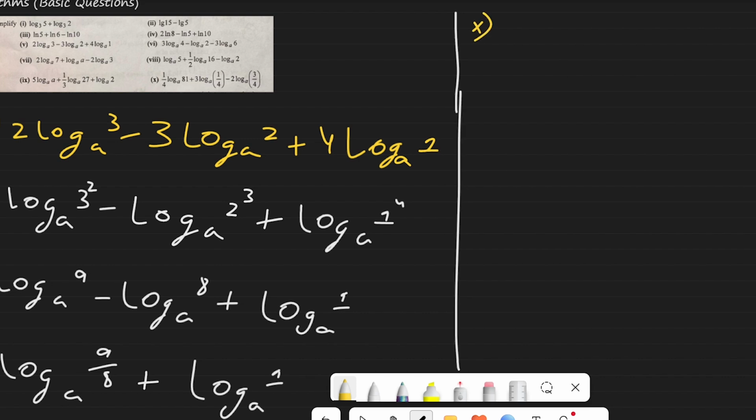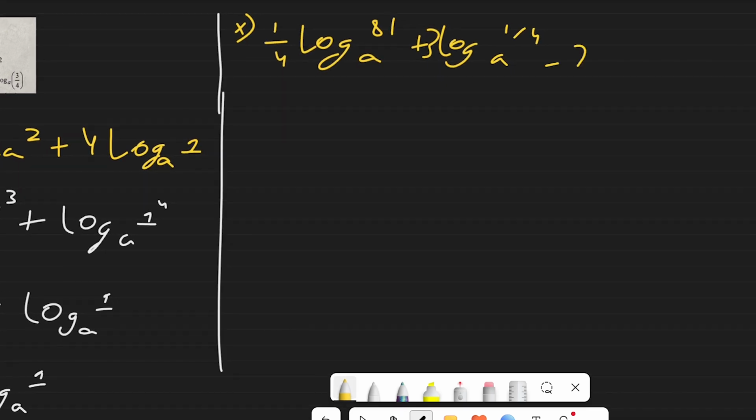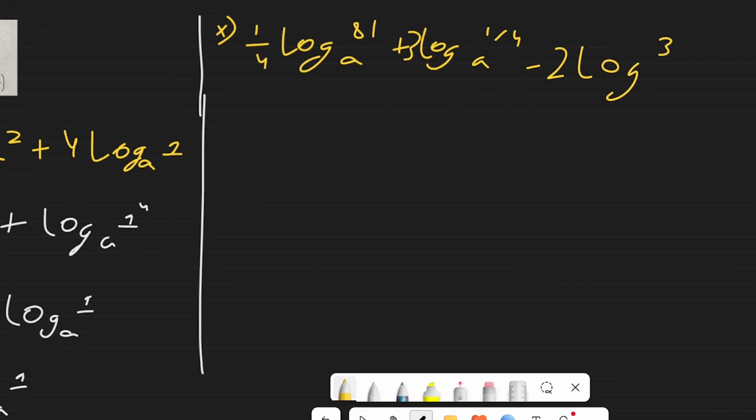So it is 1 over 4 log of 81 to the base a plus log of 1 over 4 to the base a minus 2 log of 3 over 4 to the base a. How we will solve it is, this is the same thing, the question is very similar to the previous one.